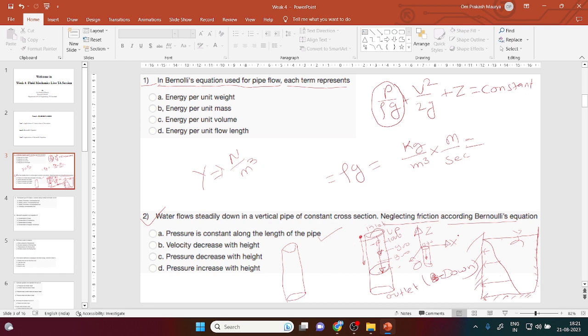So the pressure decreases, and that's why flow is possible from one location to another. In a river similarly, if the pressure is high in the upstream and low in the downstream, then only flow is possible. So this is the basic idea behind this question. So option C is correct for that.